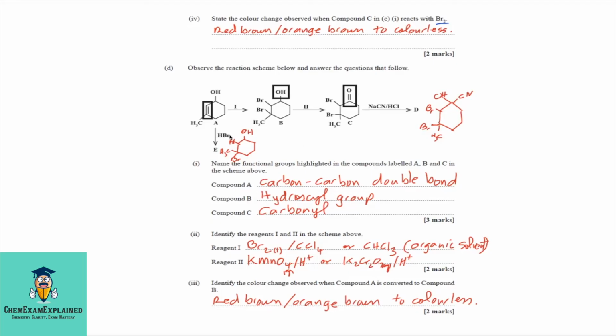And for HBr here, you would add H and Br across the carbon-carbon double bond. However, the H, according to Markovnikov's rule, must be added to the carbon with the higher number of H's. So the H will be added to this carbon and the Br to this carbon. Hence, you have this structure.